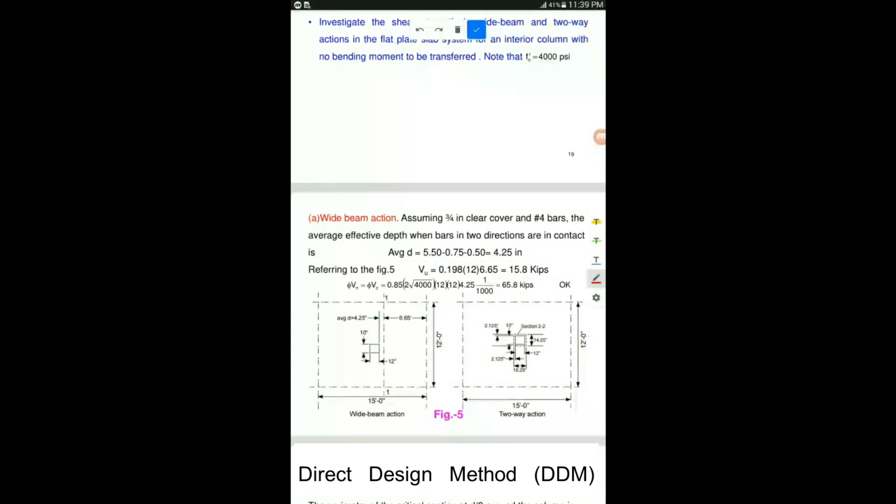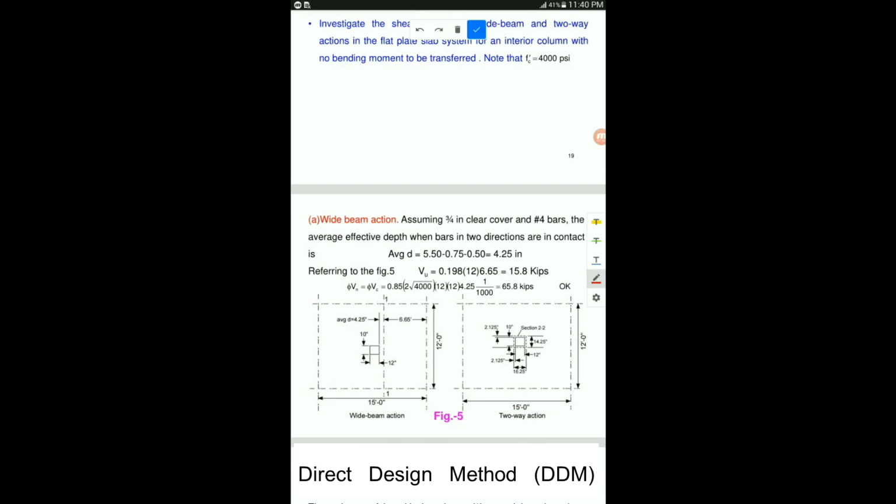After calculating the value of average d, we will make the critical sections for each of the two cases. For wide beam action or one-way shear, if you remember in the case of footings, we make the critical section at a distance d from the face of the support, whereas in the case of two-way action, the critical perimeter is formed by making an offset of d/2 from each face of the column. So now look at wide beam action first.